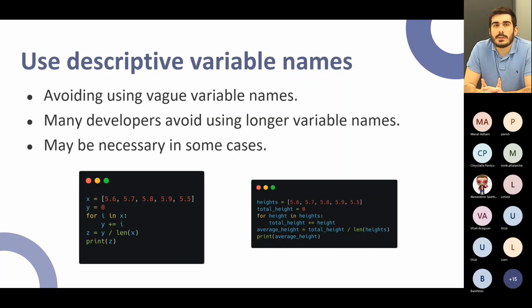So quite often developers are trying to save time, or they think using longer variable names is bad practice, but in some cases it may be necessary in order to sustain the readability of the code. So, of course, attention should be paid to which cases it should be used in, but as a general rule, it's better to actually use descriptive names that show how your code operates.